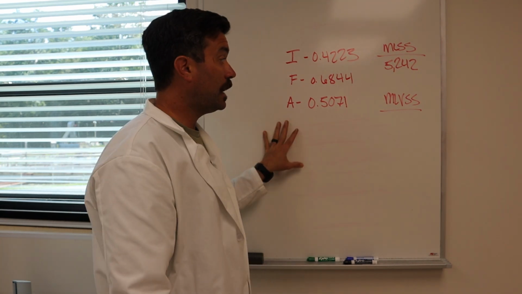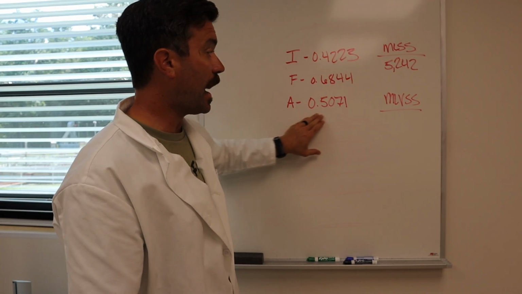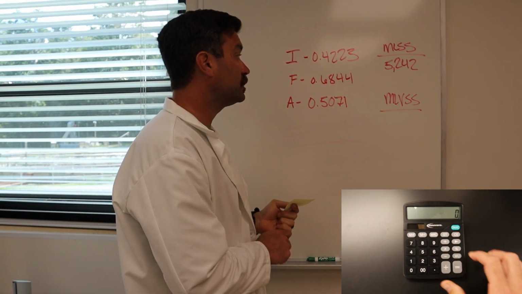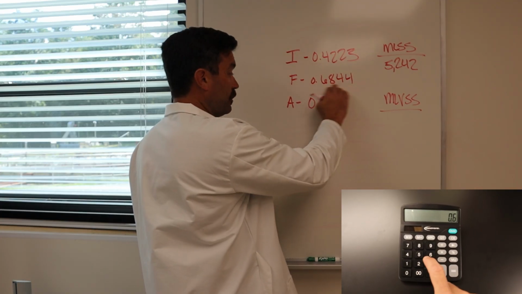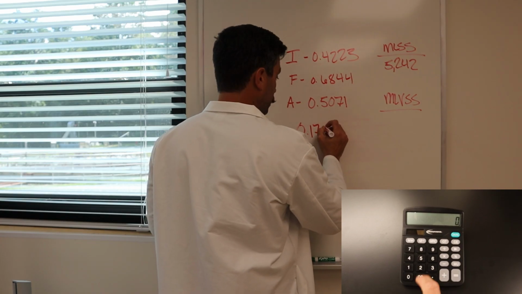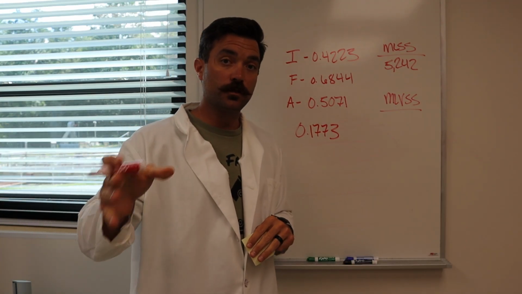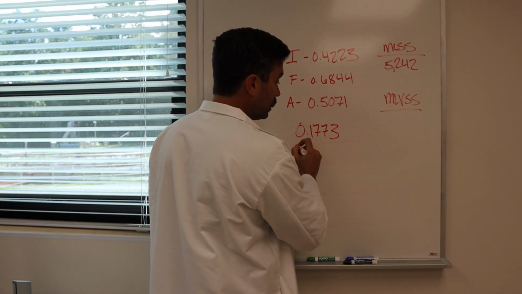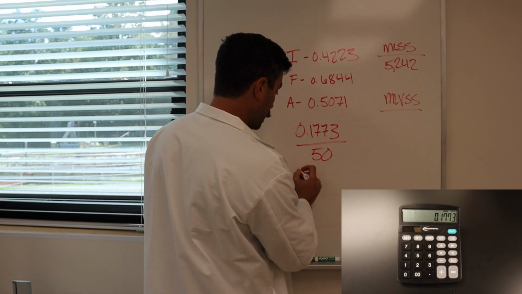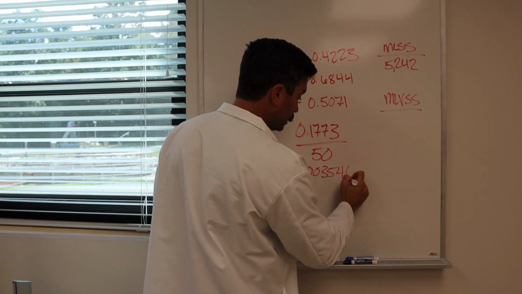Alright, so now in order to find our mixed liquor volatiles, we want to subtract our ash weight from our final weight of the dried solid. So whenever we subtract our ash weight from our final, we are left with 0.1773. Now we still have to remember the mils we used of sample, which was 50, so we need to divide this number by 50, and when we do that, we are left with 0.003546.